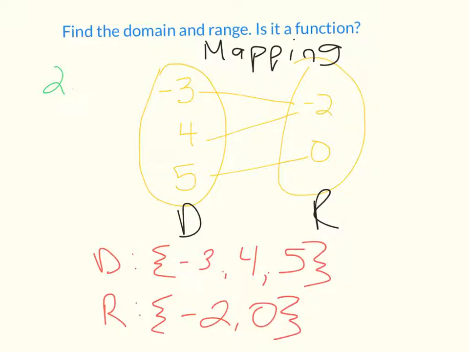Is this a function? Okay, let's look at it. When you see an x value going to only one y value like this, regardless if this y value has two x values, that's okay. That means it is a function.